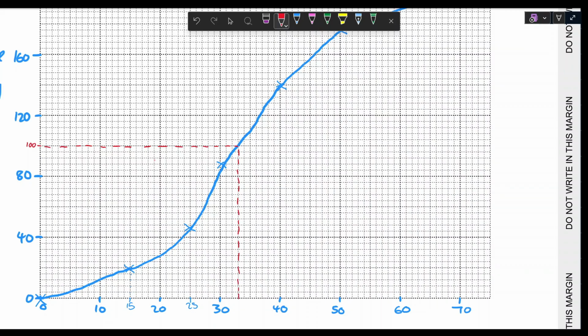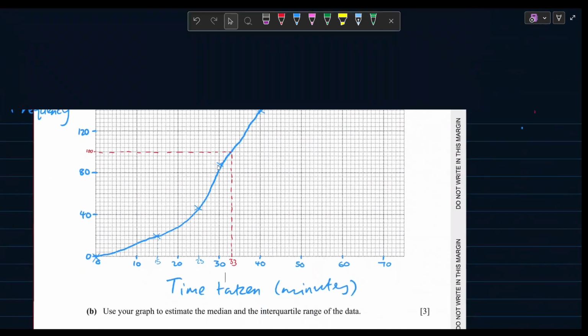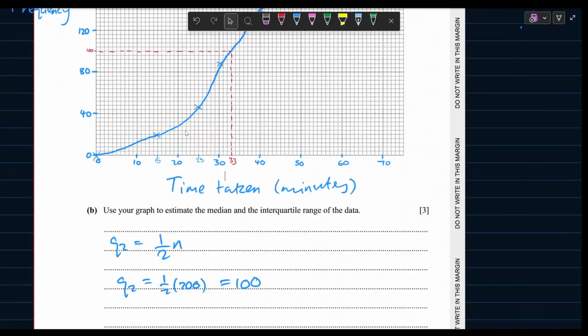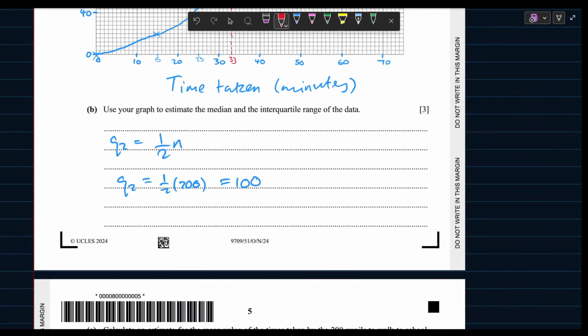So that's going to be 31, 32, 33. According to my diagram, it's 33, and you should always give your answers according to your diagrams. Do not guess or write what you think it should be. Write it exactly as it is. So Q2, our median, is 33.